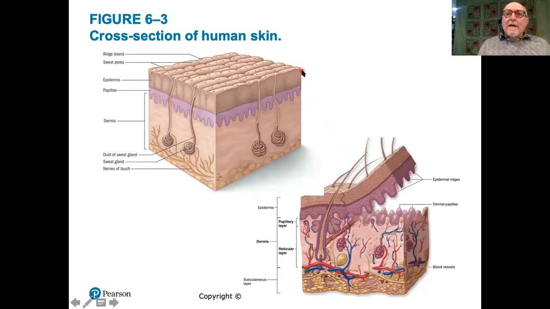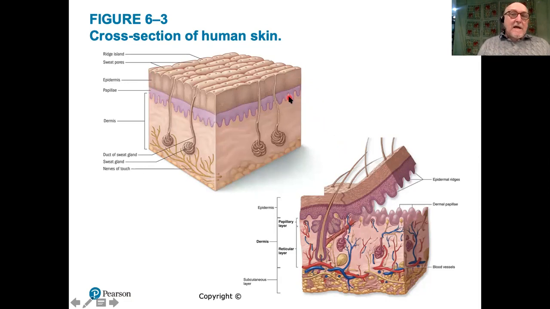First of all, if we cut through the skin anywhere on the body, this is what we find. There is a thin layer of living tissue on the surface here, which is covered by a layer usually of dead cells. This whole layer here is called the epidermis.